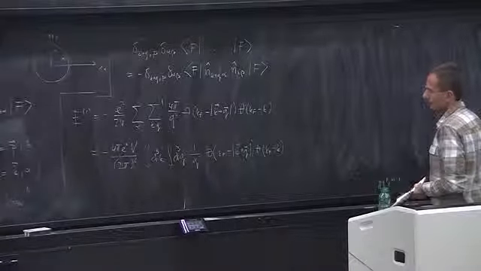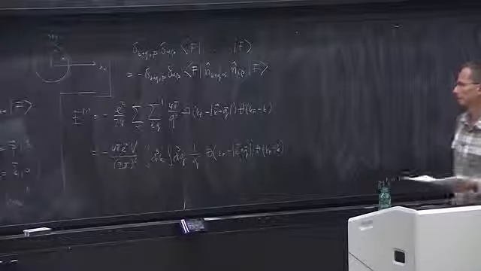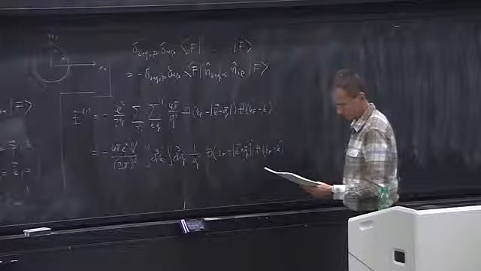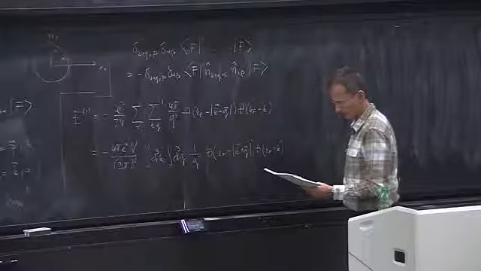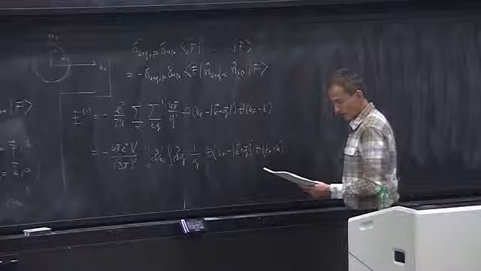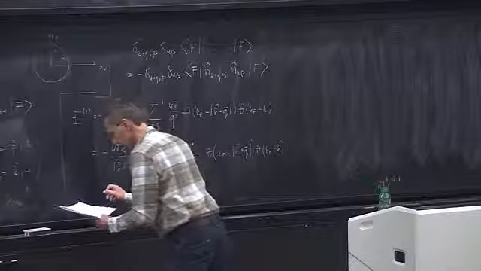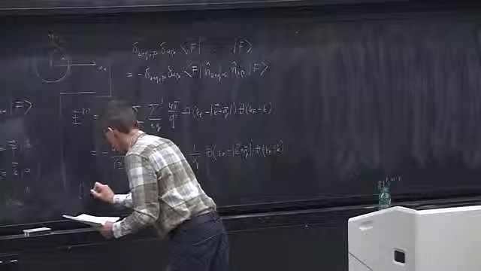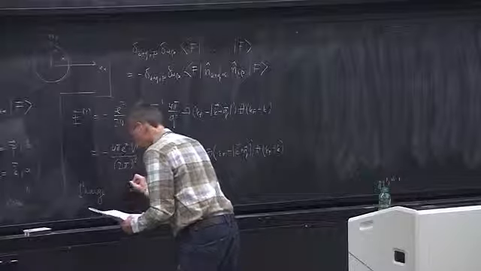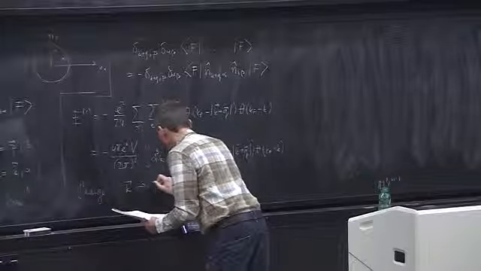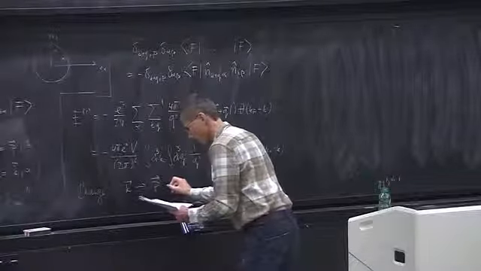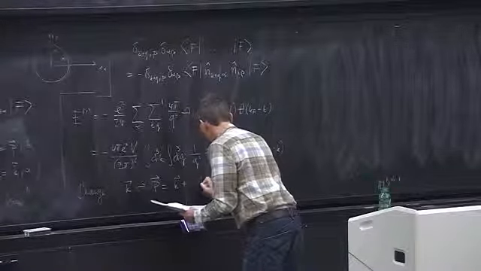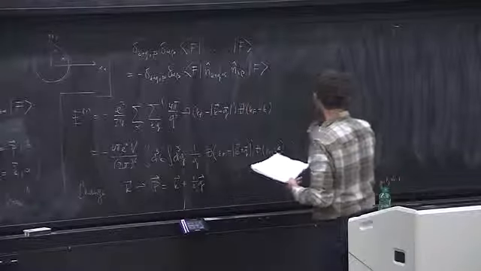And the rest is a somewhat tedious evaluation of this integral. So let me just outline how this is done, but I don't want to spend way too much time on this. Basically, I want to define new variables. I want to change k to a new momentum variable, capital P, that is defined as k plus one half q.